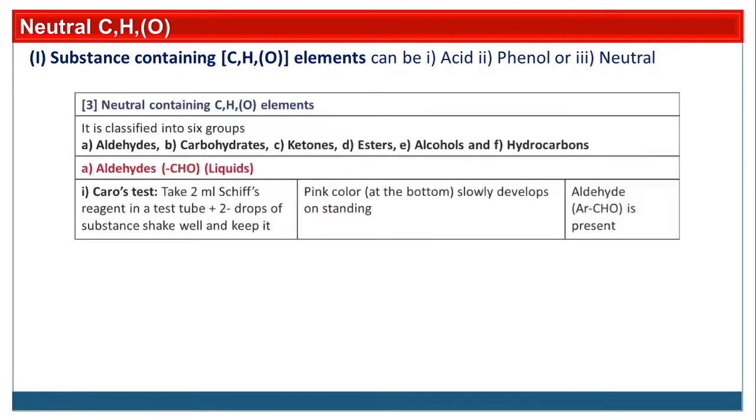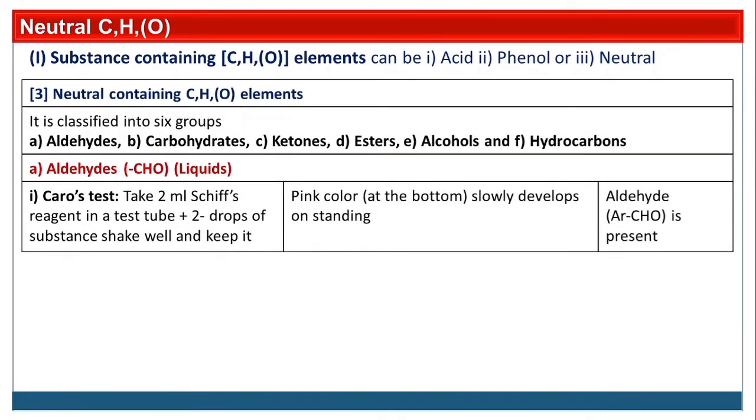Then we will see the test for neutral. For organic compounds which contain CHO elements and type is neutral, go for the table of substances containing CHO elements and neutral. That functional group test you have to select.